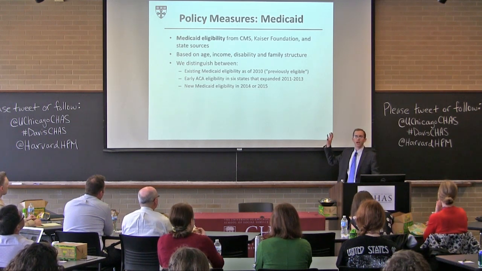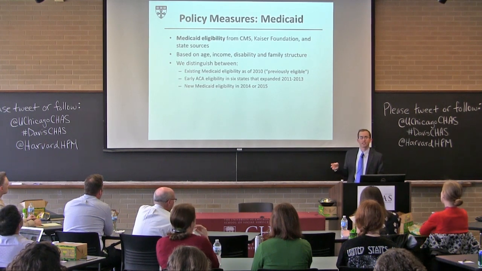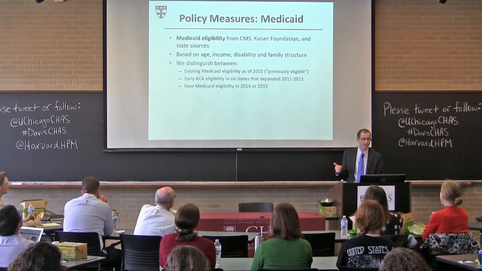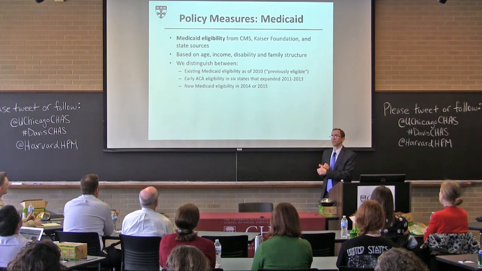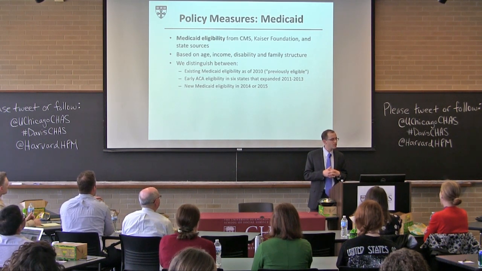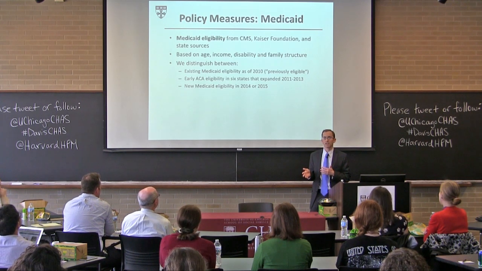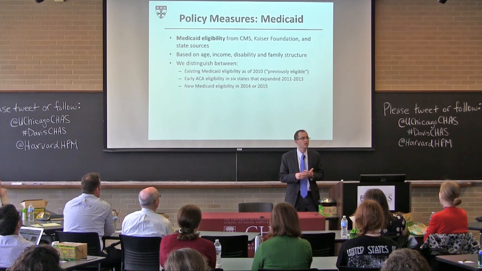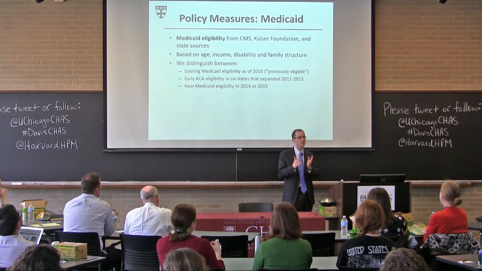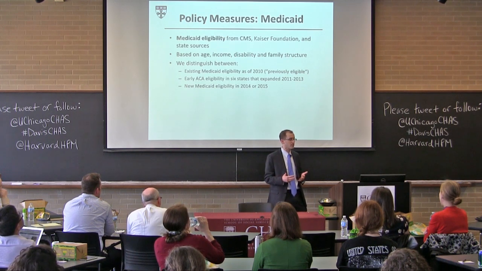And then we divide Medicaid eligibility into three groups because they have really different implications for not only the ACA, but also for thinking about repealing parts of the ACA. So there are the folks who are already eligible, so pre-ACA eligibility as of 2010. And then there's a handful of states that started to expand before 2014. These states took the early expansion option under the Affordable Care Act, and they started to cover some, but not all, of the people who would become eligible in 2014 under the full expansion.